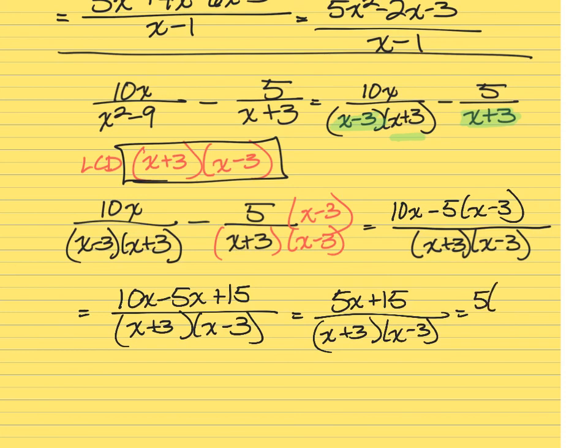Then we factor that and see if we can reduce it. The top factors into 5 times x plus 3, and I'm able to cancel the x plus 3's, leaving just 5 over x minus 3 as my simplified final answer. So, if you need to add or subtract fractions that don't have common denominators, you have to find common denominators first. And that's an example of how it's done.